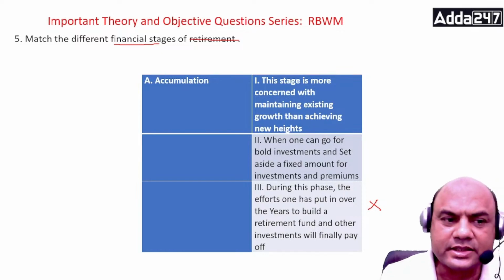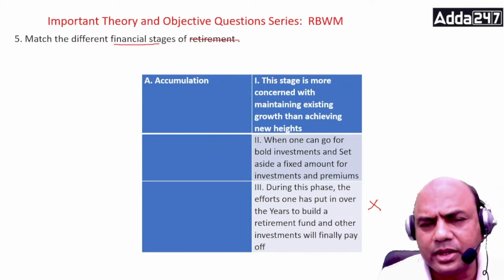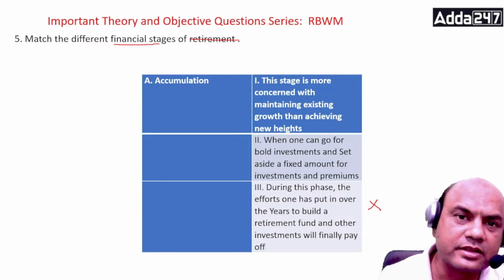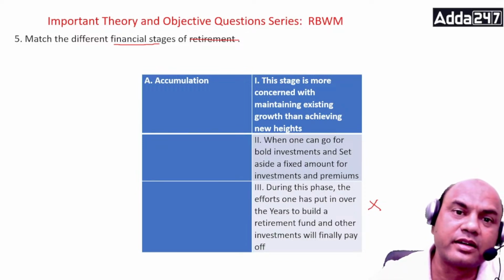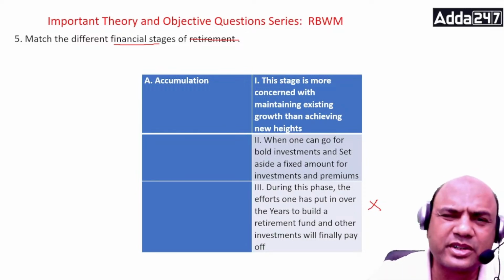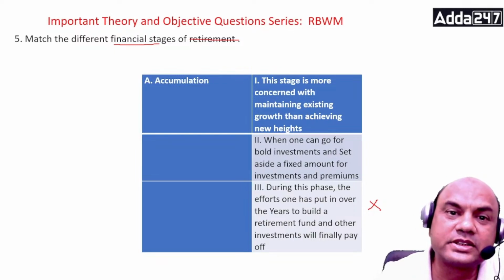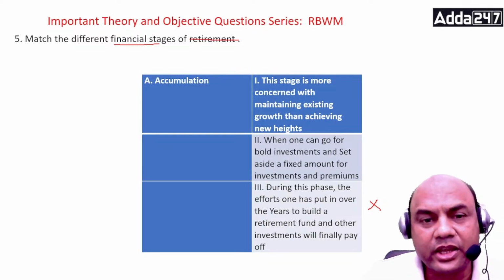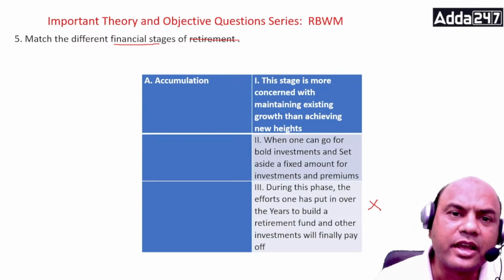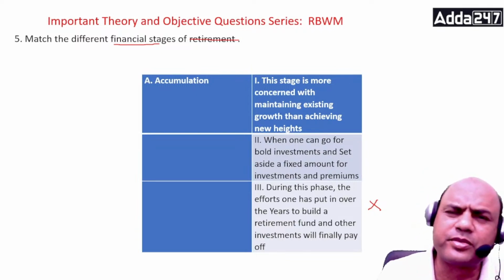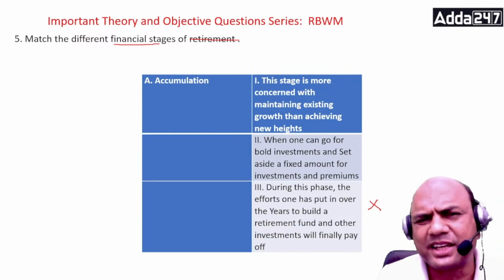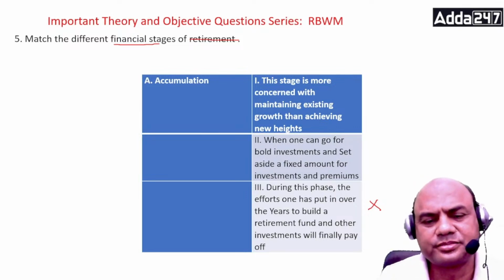There are 3 stages always in the life of any human being. One is accumulation, second is transition, and third is distribution, meaning distribute the wealth. Accumulation means the initial stage, roughly around the age of 30, 35 max.